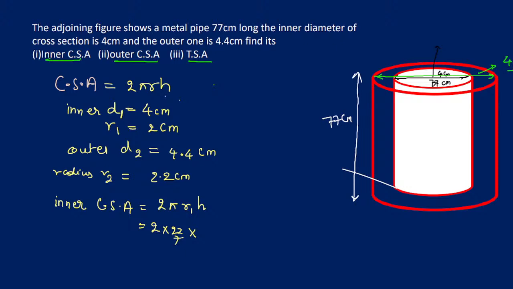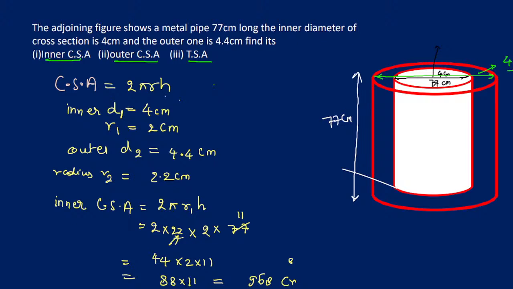R1 is 2 centimeter beta, it is the inner radius, and what is h? h is 77 centimeter. Now 7 ones are 7, 7 ones are 7, correct? 2 times 2 is 4, multiplied by 2 into 11. From this 44, 2 eights are 88, into 11, 968 centimeter square.